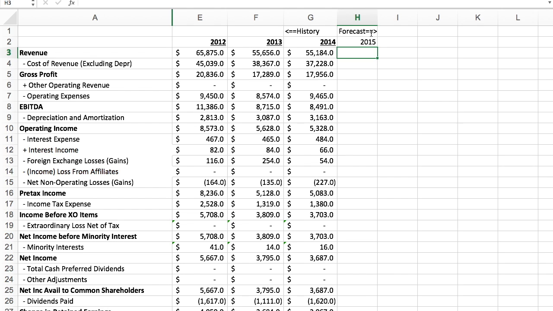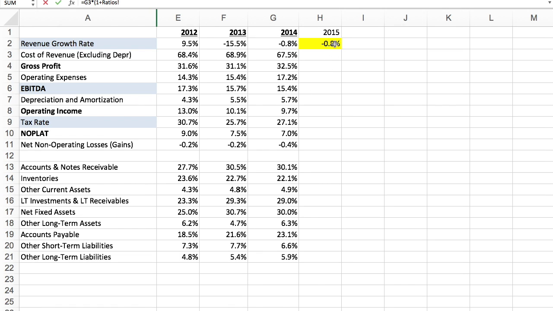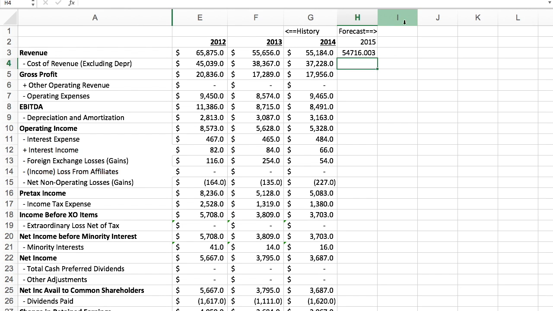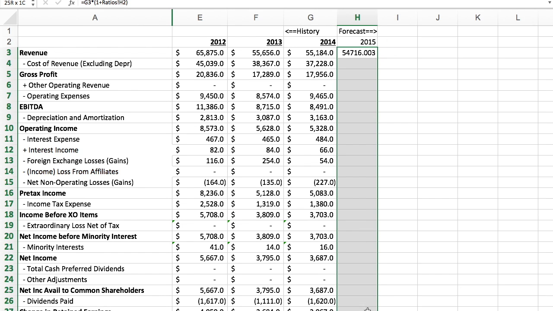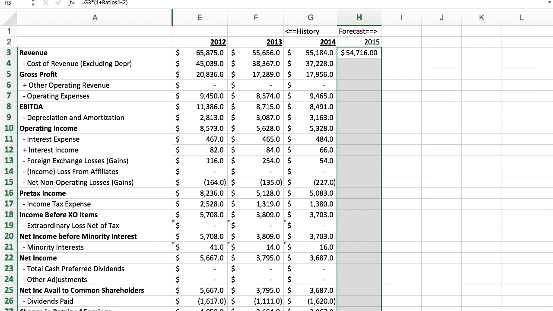My 2015 revenue forecast equals my 2014 revenue, so equals G3, times left paren 1 plus, from the ratios, my revenue growth rate, H2. Right paren. So, and I'll format this, dollars, 1 decimal place.